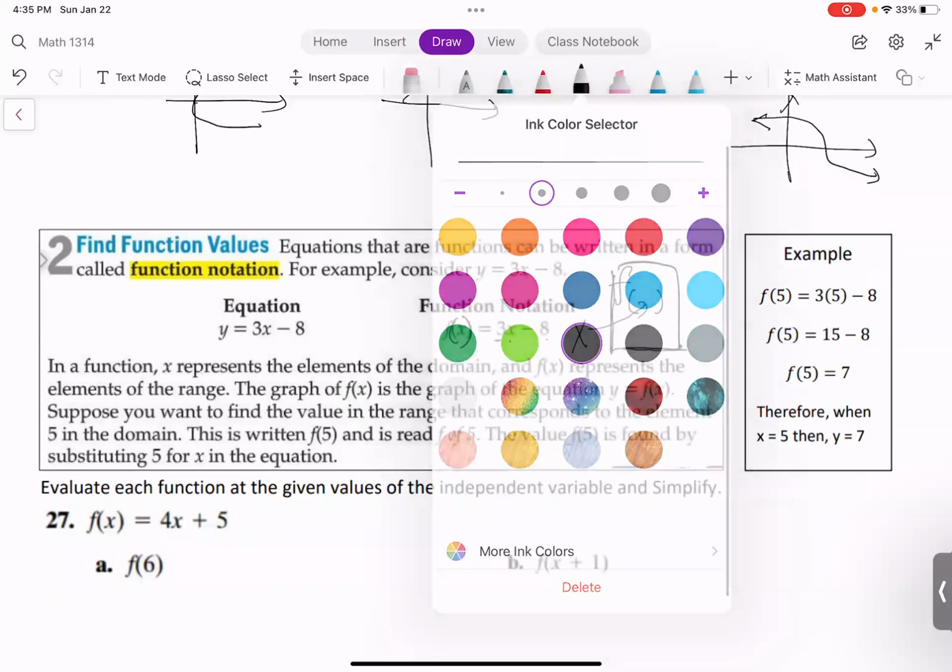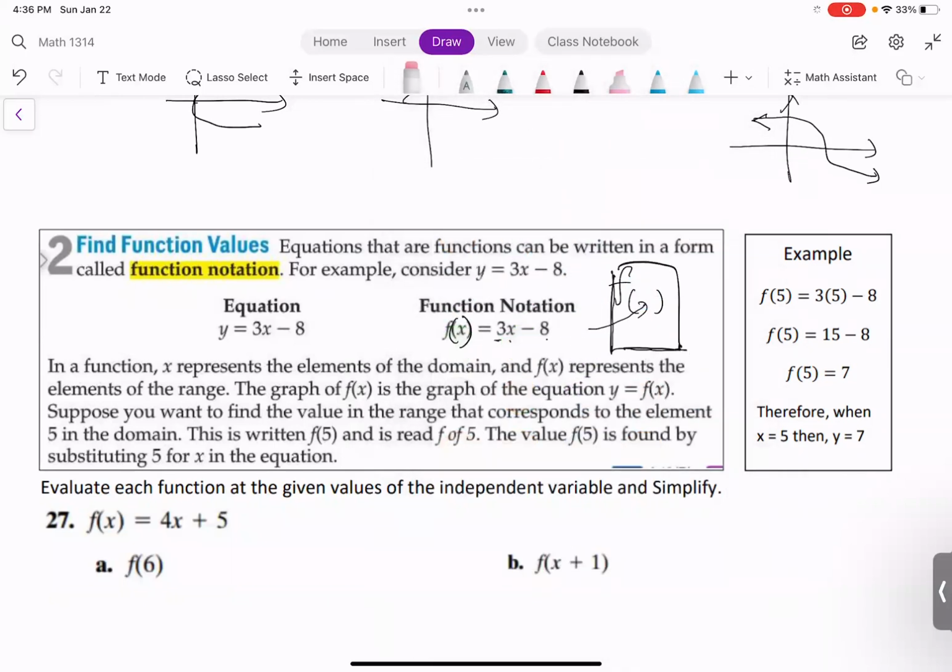If now the input, I will put a 3 in it, for example. So all the x need to be replaced by the 3 because the input is x. If I put the 3 in it, so 3 times 3 minus 8 is 9 minus 8 is 1.